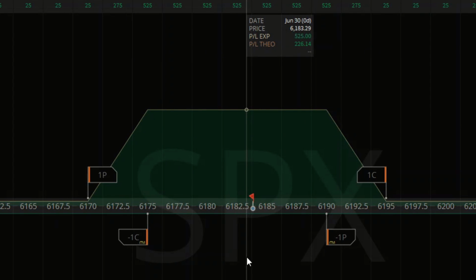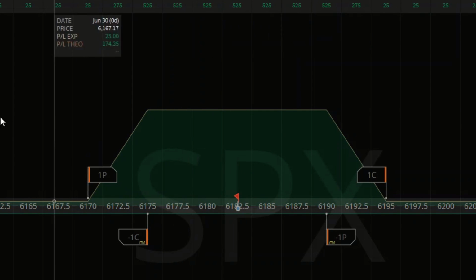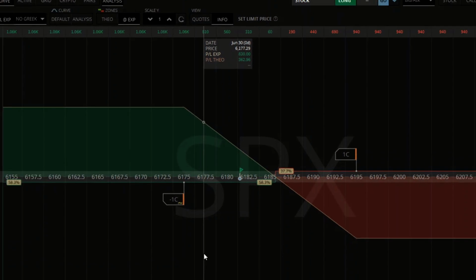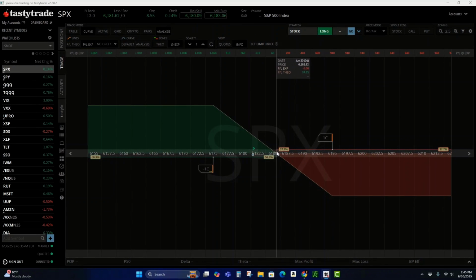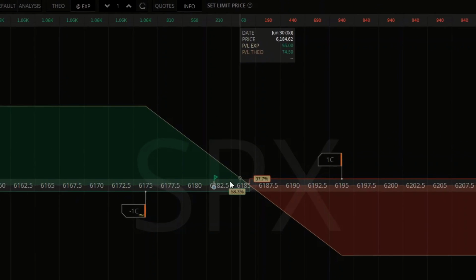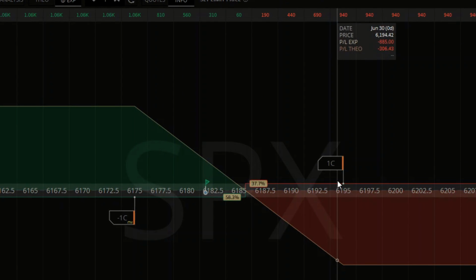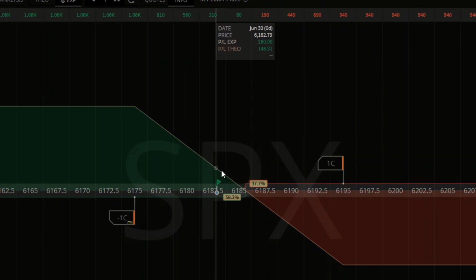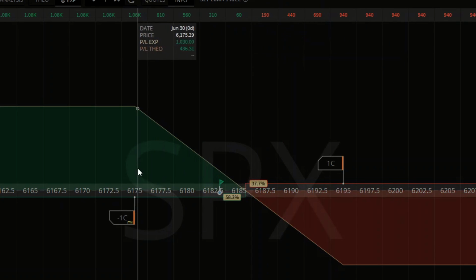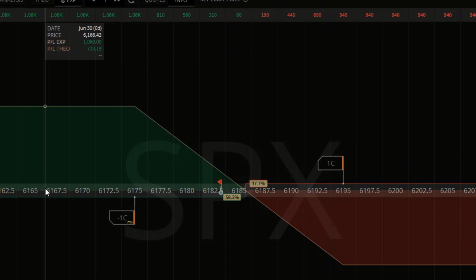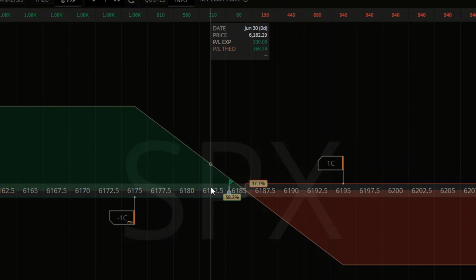Now, this means that upon entry, there's more risk. So let me show you what that looks like. When I first entered the call spread, price was trading right around here in the middle. I sold a 175 call and I bought the 6195 call. So this is a bear call spread in which I need some bearish movement to create profit so that I can sell the offsetting one to lock it in.